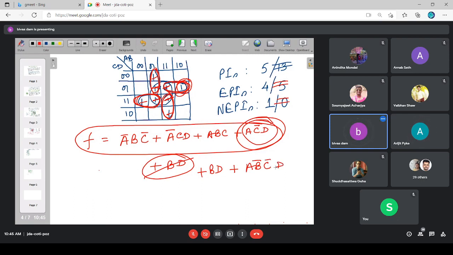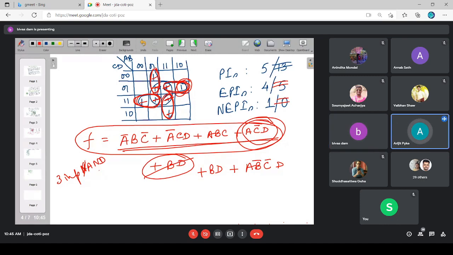Now tell me, if I go for this combination, what is the circuit complexity? Sir, it is 3 input NAND, 3 input NAND, and 4 input OR.